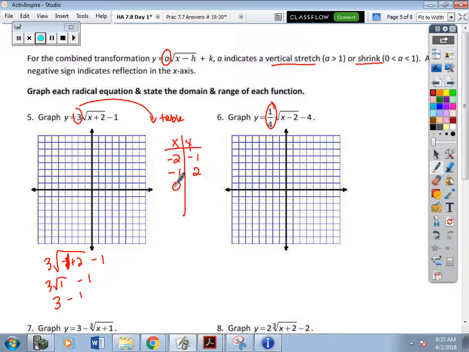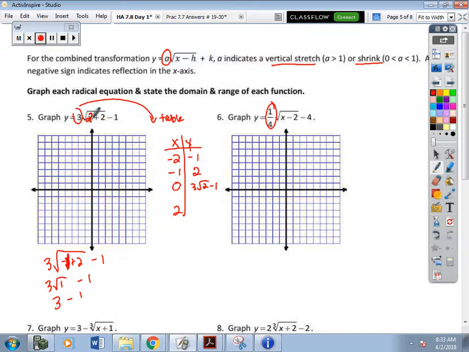Now if you choose 0, 0 plus 2 is 2. You're going to end up getting 3 square roots of 2 minus 1, which I don't know what that is without a calculator. So I'm probably not going to plot that point, right? If I plug in 1, 1 plus 2 is 3, I'm going to get the square root of 3. I don't know what that is. But maybe I'll try plugging in positive 2, because positive 2 plus 2 is 4.